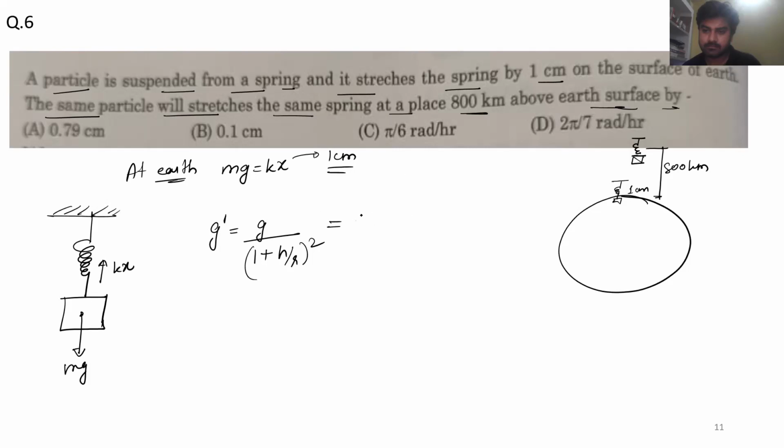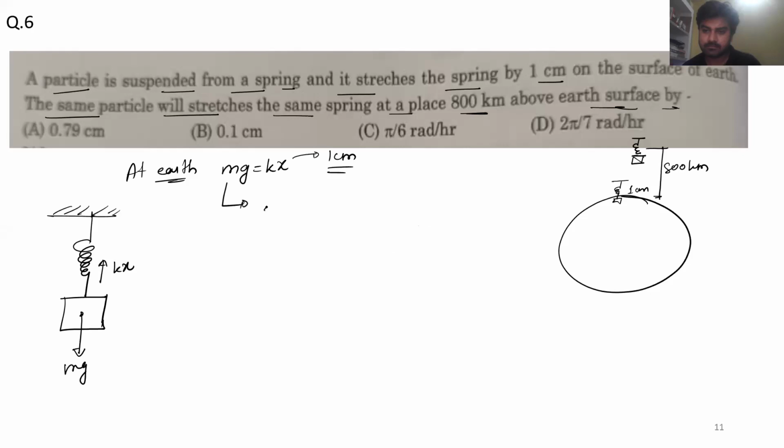So if I write g dash is equal to g upon 1 minus, height is how much? Height is 800 kilometers. Or this is also not needed. You can directly do it from this relation. How?